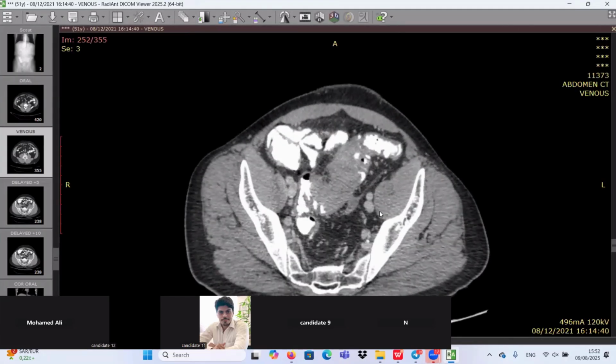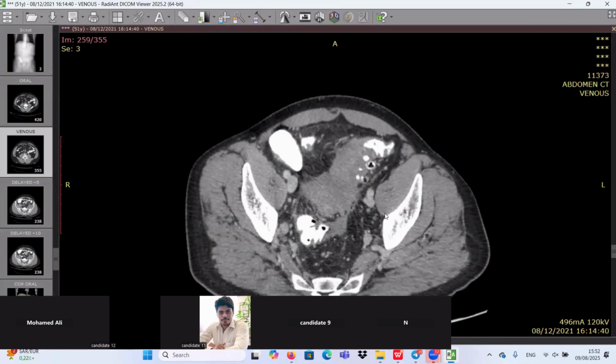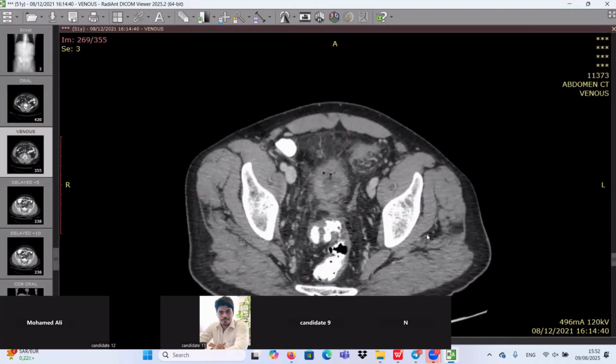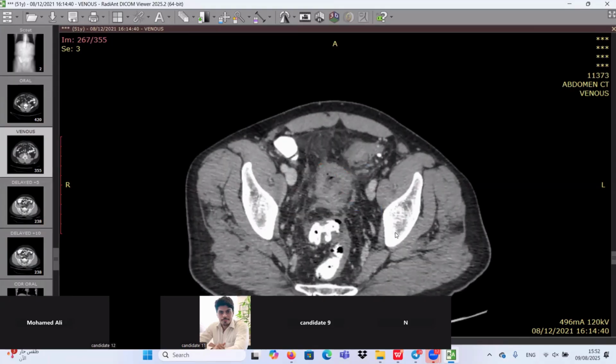We have a long segment of affection, and we have small diverticular outpouchings, as you can see here and here, and we have smudging of the pericolic fat planes, and as you said, we have here pericolic gas lucency, and we have a thick wall cystic collection just inferior to the sigmoid colon.